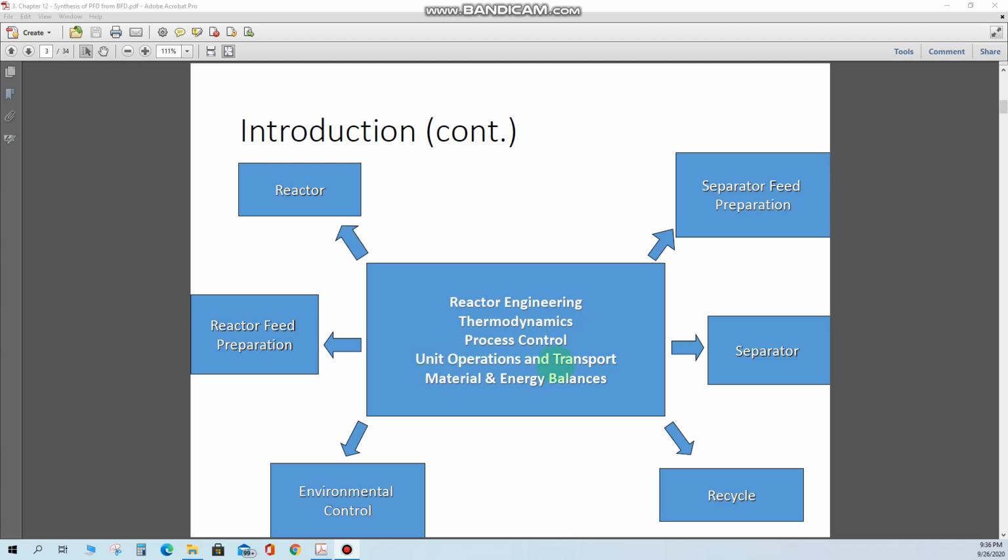Then unit operations, then transport. You have to study unit operations, in which you can study different types of compressors and pumps and these kinds of operations. And in the transport system, you have to see how different raw materials are transported from one place to another, or in more detailed form, you have studied fluid dynamics in CT204, which considers the transport phenomena.